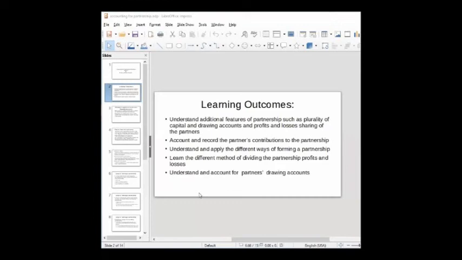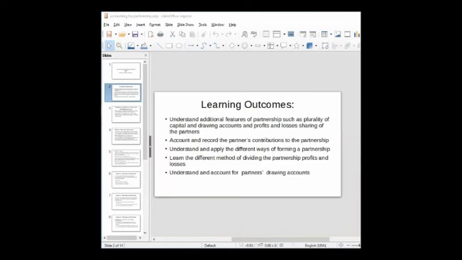Account and record the partners' contributions to the partnership. Understand and apply the different ways of forming a partnership. Learn the different methods of dividing the partnership profits and losses, and understand and account for partners' drawing account.